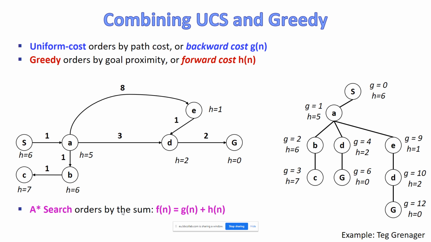It will add both values, backward and forward, g of n plus h of n, which we call here f of n. That's the function that we will use to expand one node from the fringe. Of course, we will pick the node that has the least total cost, and it will be expanded next.